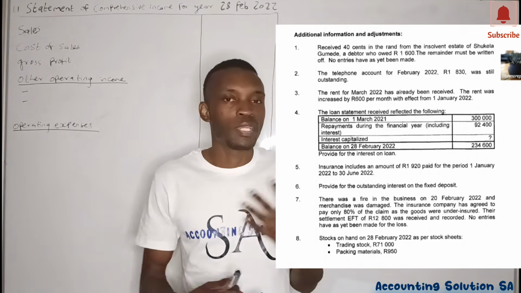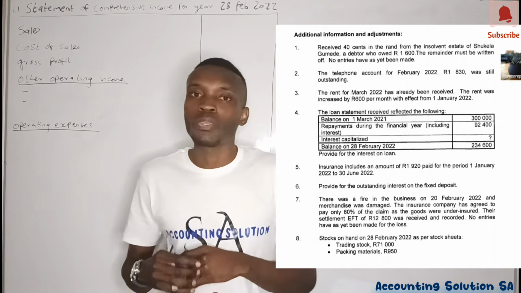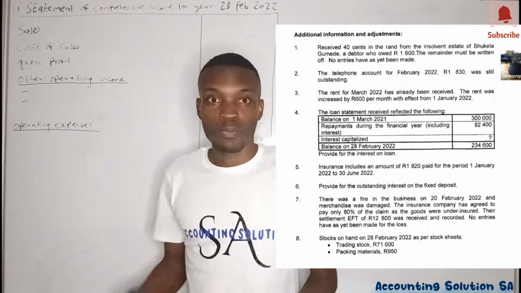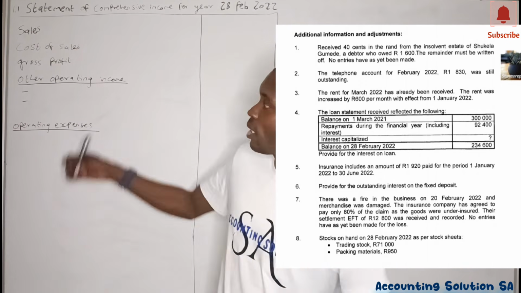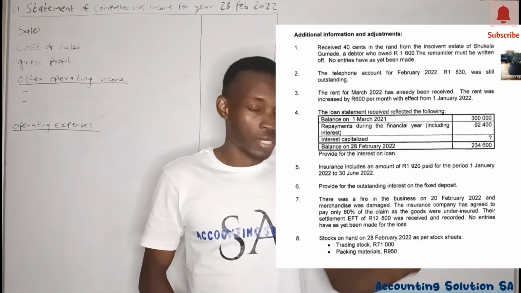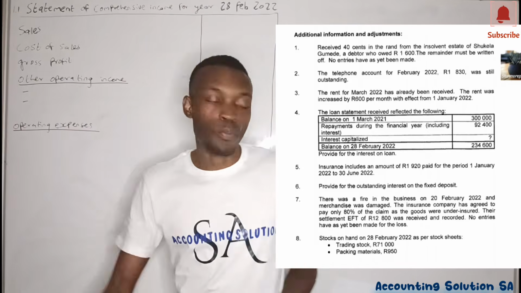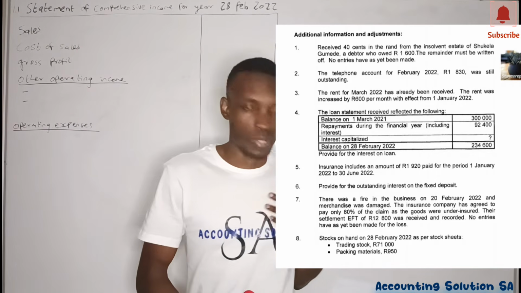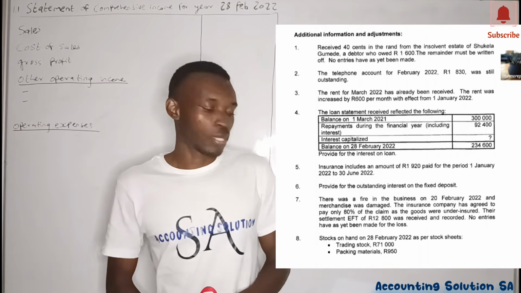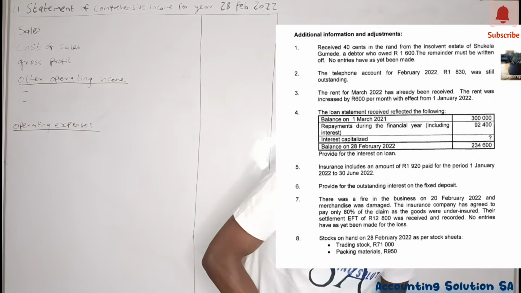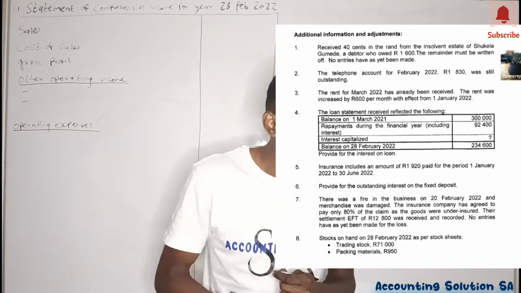So guys, it's very important to go through each and every transaction first before you start with your income statement. The reason is that you will find some amount that is going to affect sales and if you didn't read the transaction, you are going to prepare a wrong income statement. So please make sure that you read each and every transaction and understand it first, then you can start preparing.